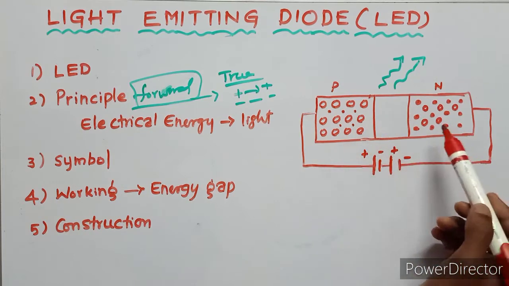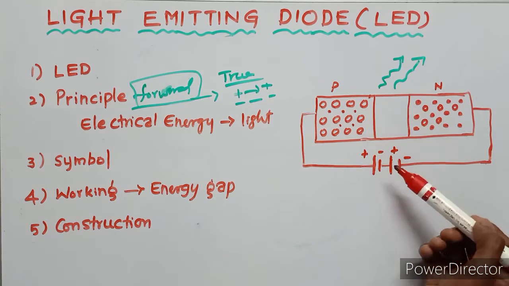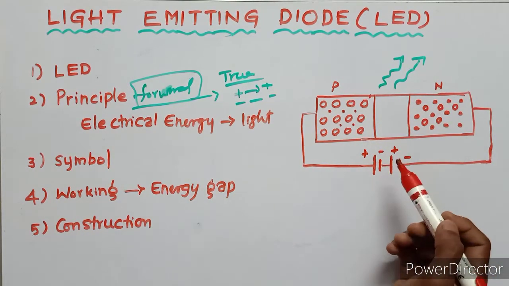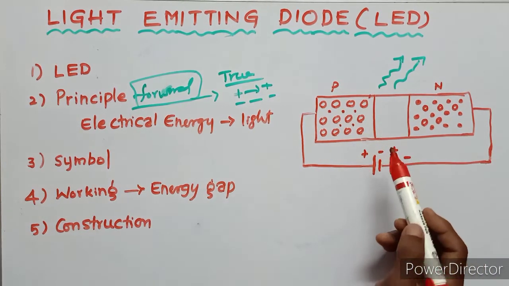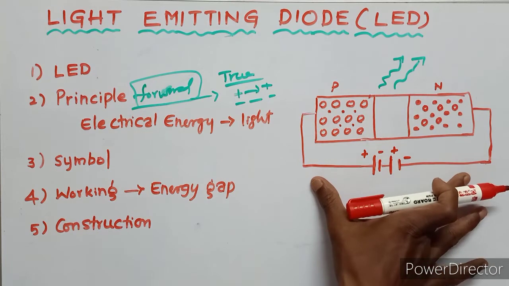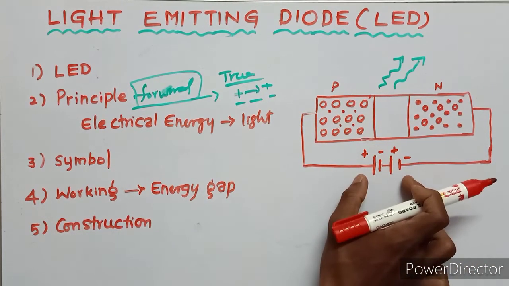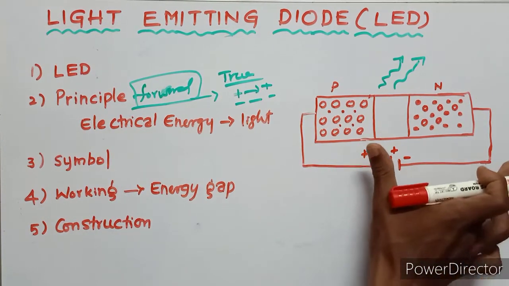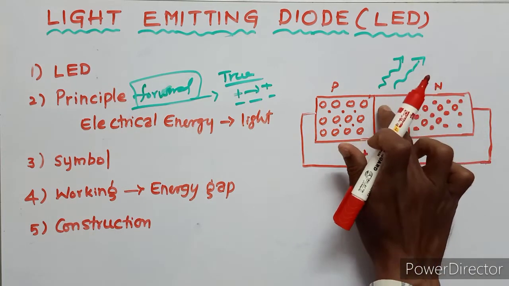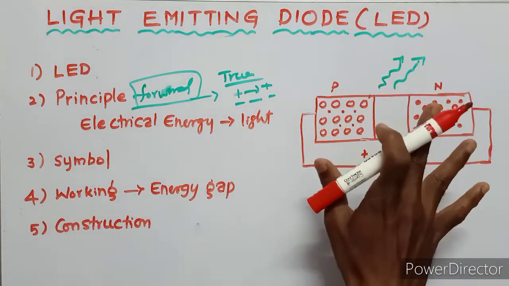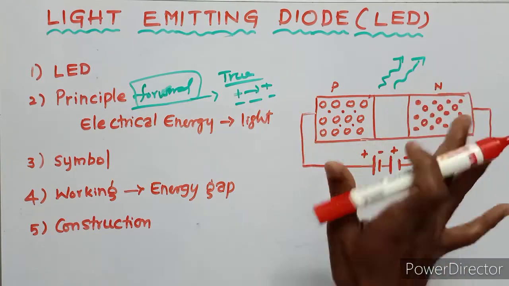This diode can emit light when it is in the forward biased state. Okay, if the PN junction diode is connected in forward bias, then the current flows through it and the light emits, and it is called a light emitting diode.